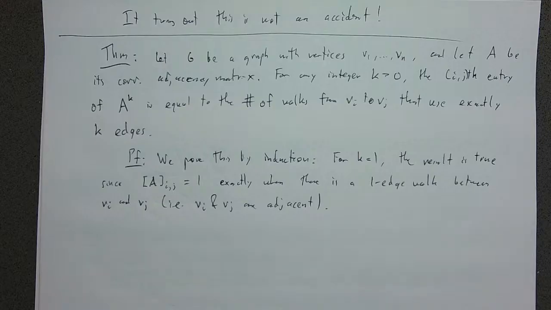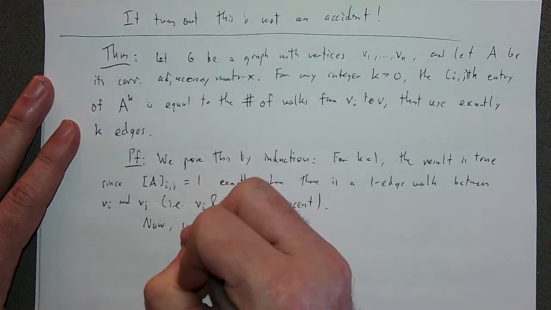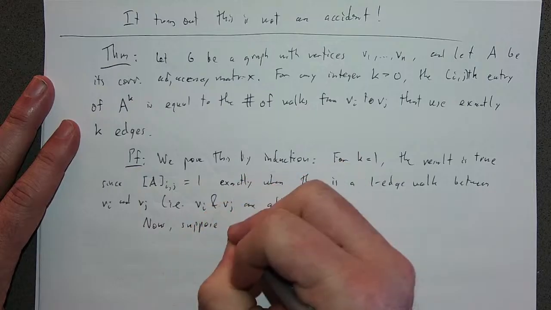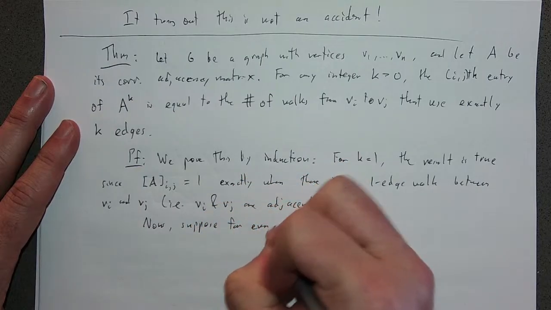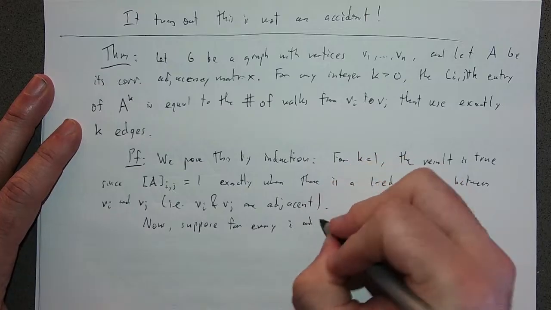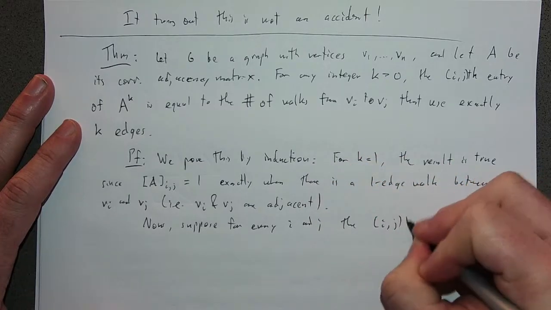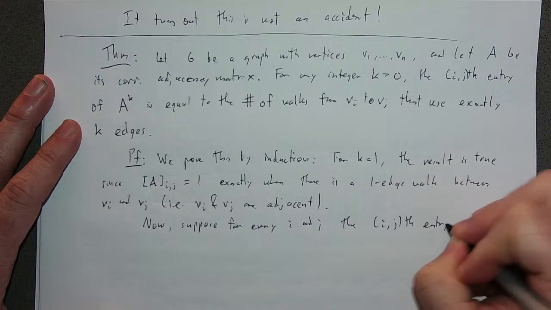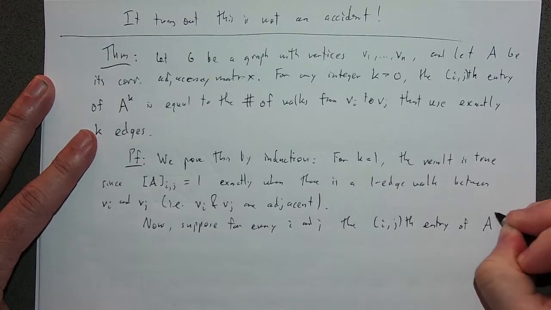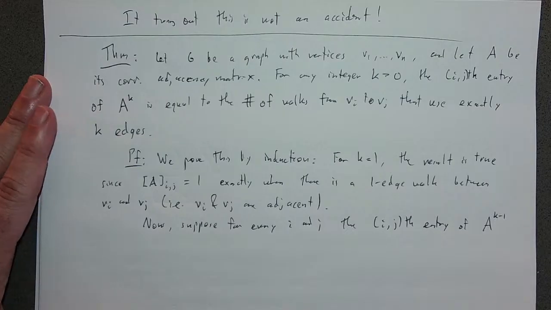So now, this is the inductive step. Suppose for every i and j, the ijth entry of A to the k minus 1 is the number of walks from Vi to Vj that use exactly k minus 1 edges.